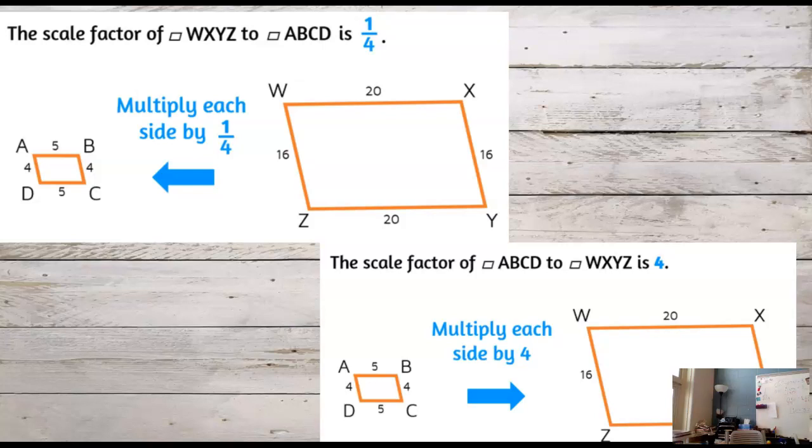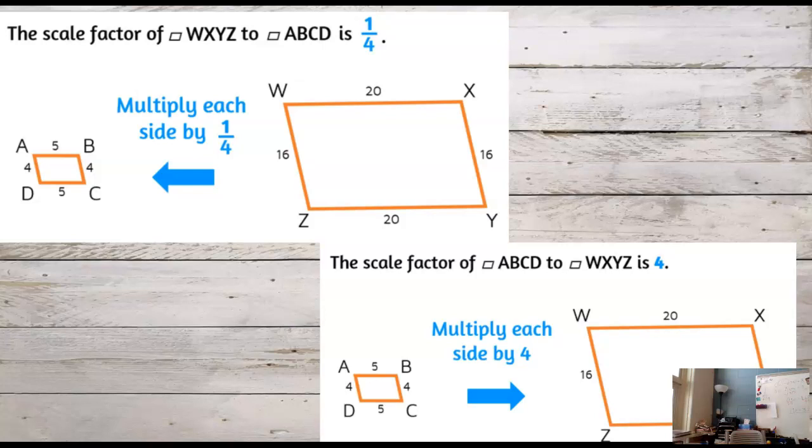When I go from small to big, my scale factor was 4. It is the reciprocal. So guys, scales that go backwards of each other are going to be reciprocal values.